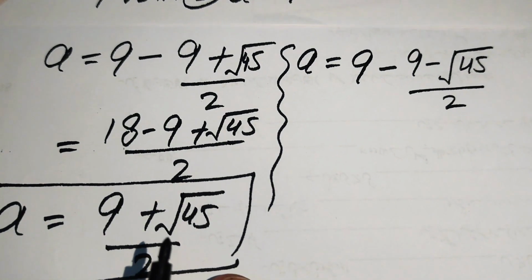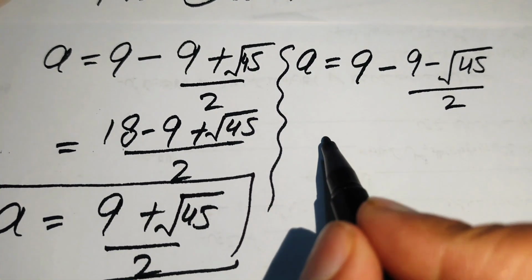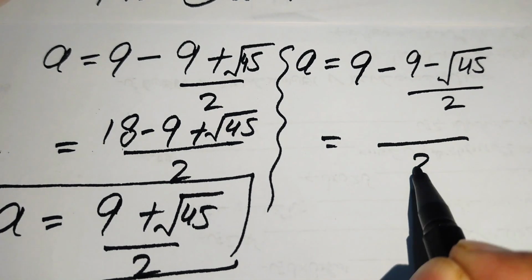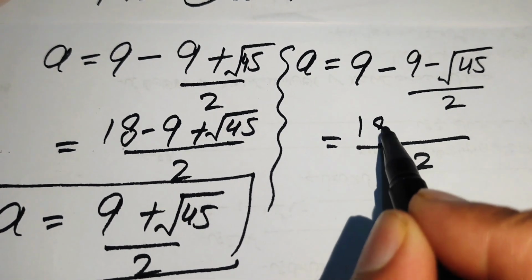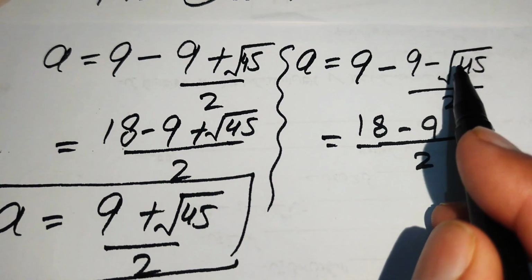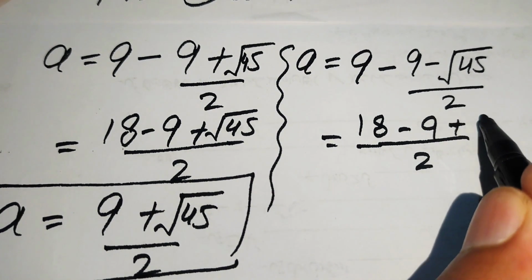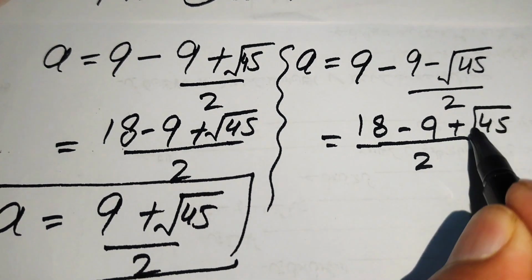Taking the LCM of this term again, the LCM is 2, and we have 18 minus 9, and the minus is multiplied by both terms, so the square root term becomes positive.